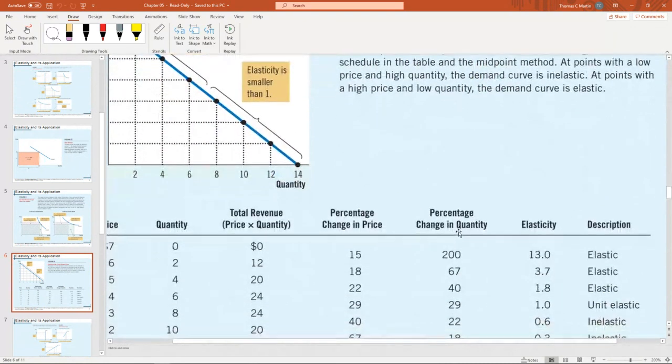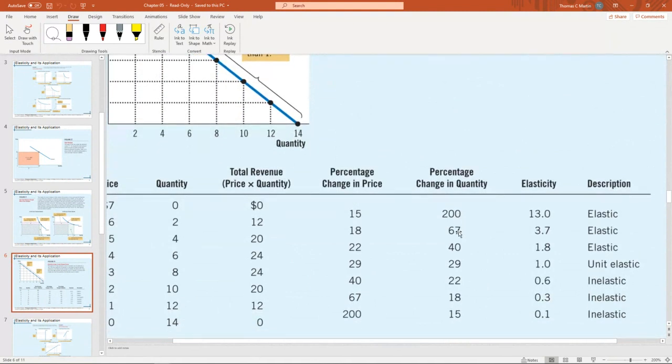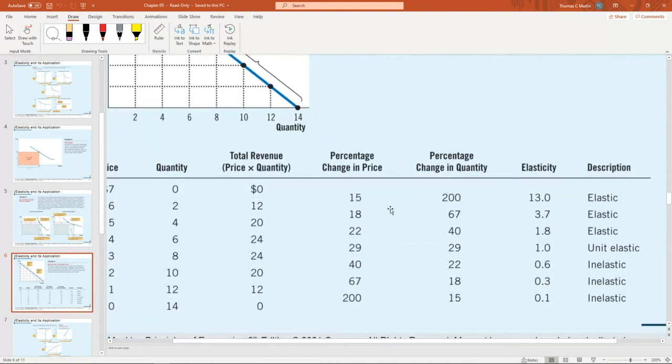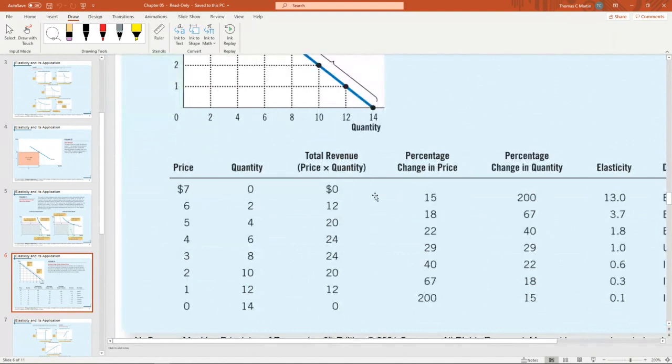Now this one, we're going with a percent change. So we see the price and quantity established. There's nothing at 7 and 0 because if you multiply 7 times 0, it's undefined. But when we lower price by $1, we see the quantity go up by 2, and our total revenue to 12.